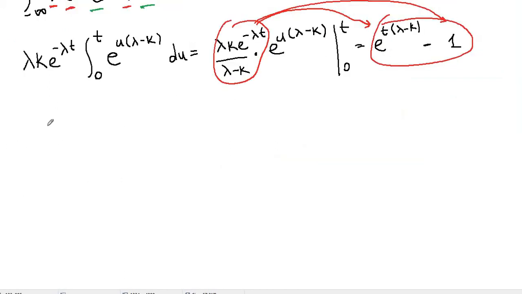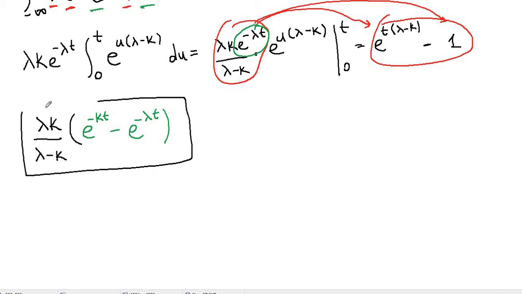So our function will be lambda kappa over (lambda minus kappa), and if we distribute this into the e, we obtain e to the negative kappa t minus e to the negative lambda t. So this is our density function for Z.